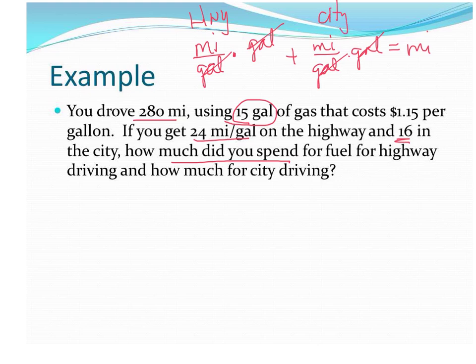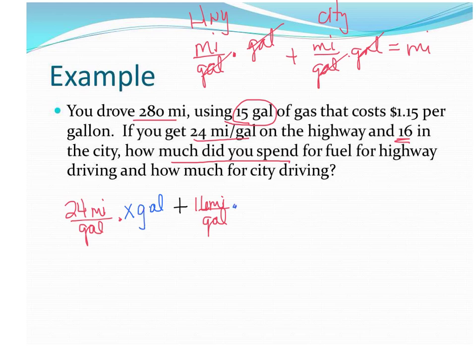So highway, 24 miles per gallon. Now, do we know exactly how many gallons we used on the highway? Nope, so let's use X gallons. Plus, because we're going to add to it, so there's the highway. City is 16 miles per gallon. Do we know how many gallons we used city driving?